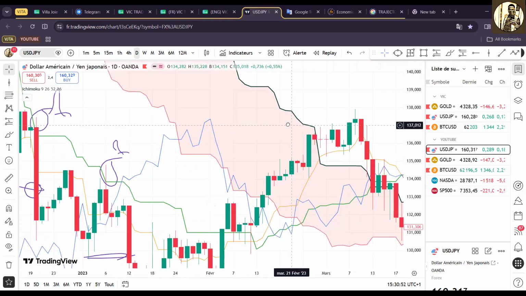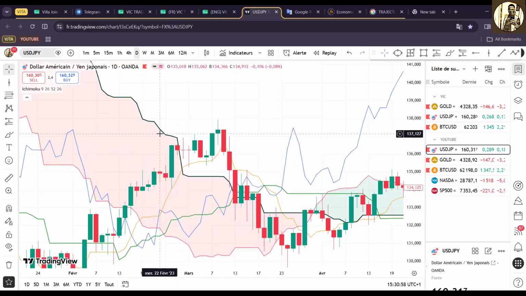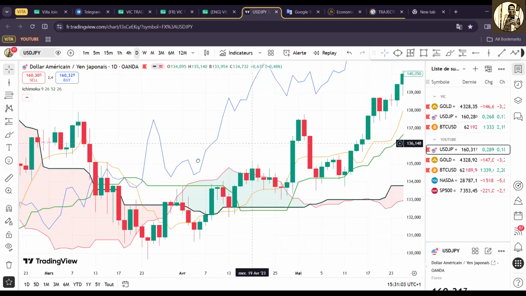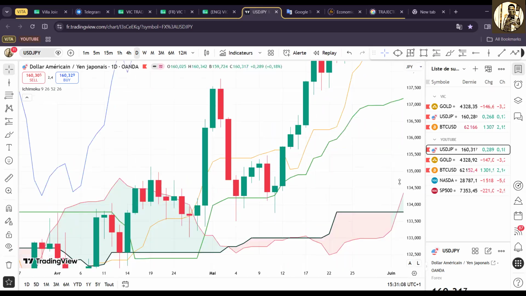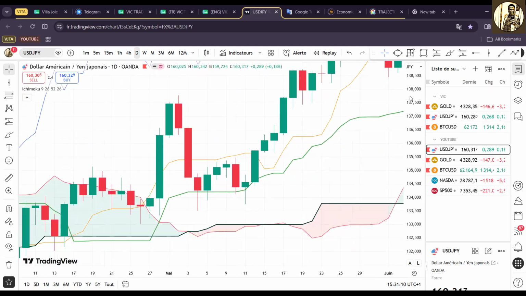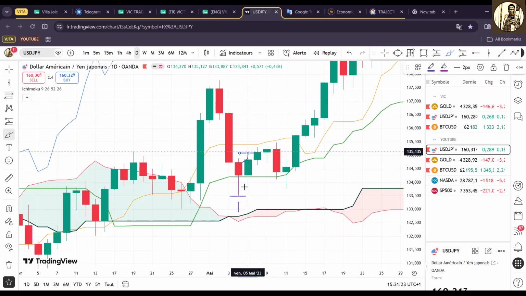But what you need to understand is that what happens most of the time is that right when the price touches the Kijun for the first time, the price will go up, and your take profit must be at this level, just above Kijun, because the price has the ability to come and touch Kijun the second time, right?